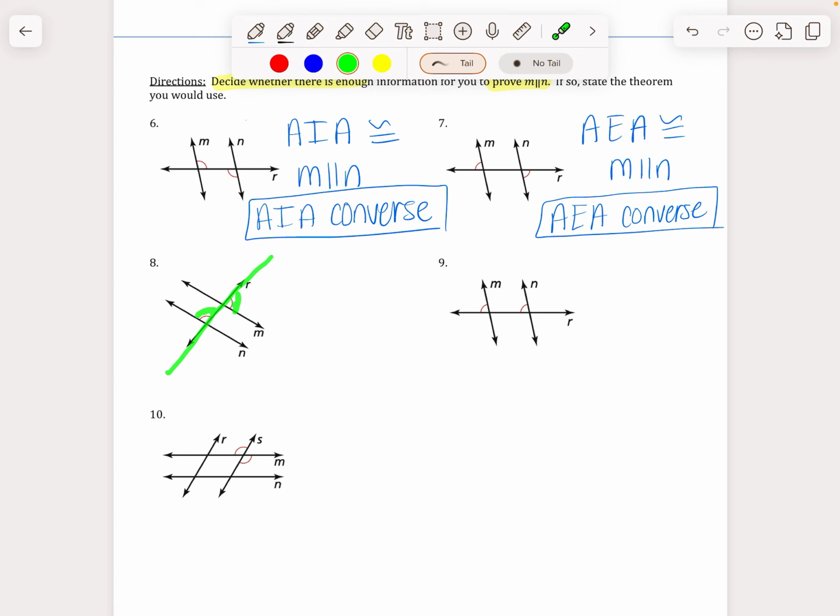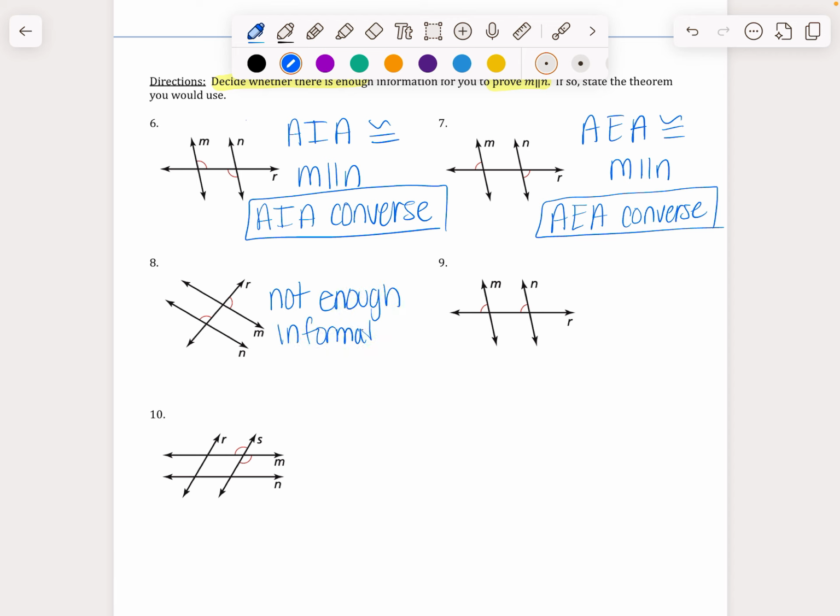And so they aren't corresponding, because corresponding is on the same side of the transversal, same side of the line. So like here and here. So these alternate, and then one's interior, one's exterior. There is no alternating interior, exterior. So this one is not enough information. Not enough information given.